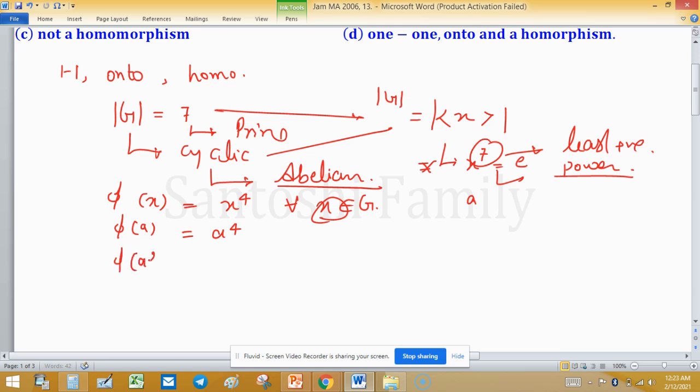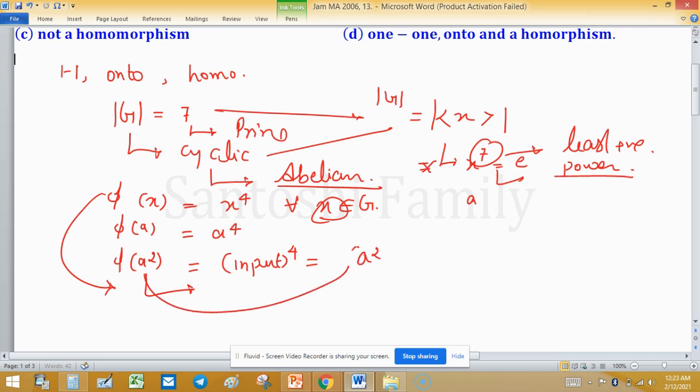Phi of A square: this is the input, and phi gives output as input raised to the power 4. Input is A square, so A square raised to the power 4 gives A raised to the power 8, which can be written as A raised to the power 7 into A, and this is nothing but E times A. So this is A.